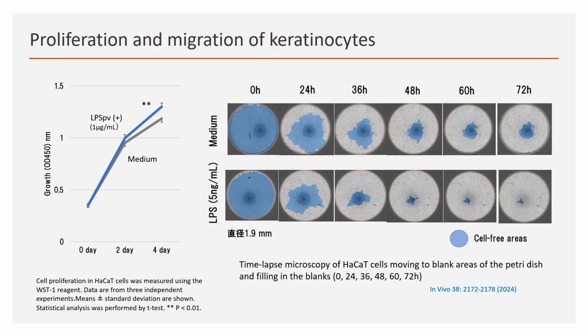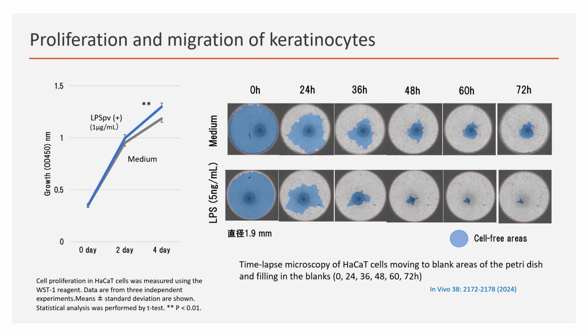Next, please look at the photo on the right. This is a micrograph that shows how keratinocytes move and fill in a circular space over time. The blue area is still blank and the white area is keratinocytes. The upper 6 photos show when cultured with normal media, and the lower 6 photos show when cultured with LPS-added media.